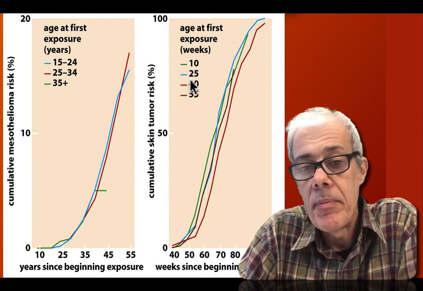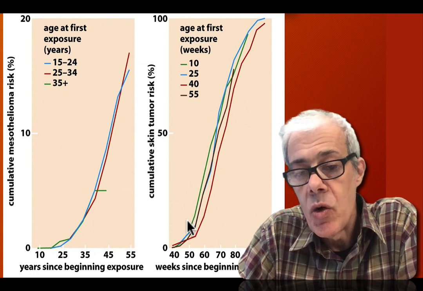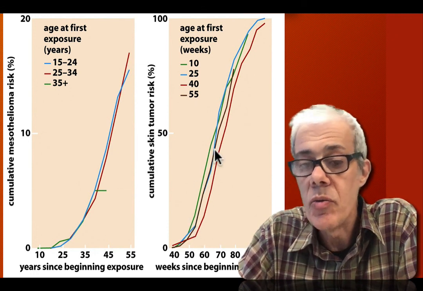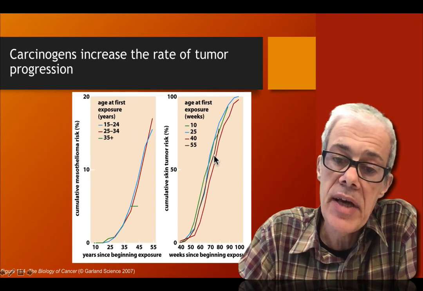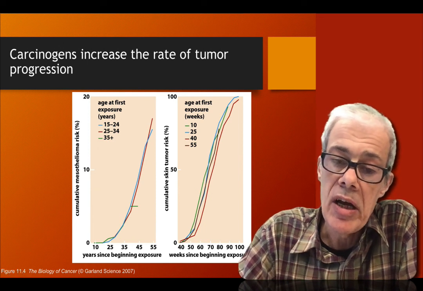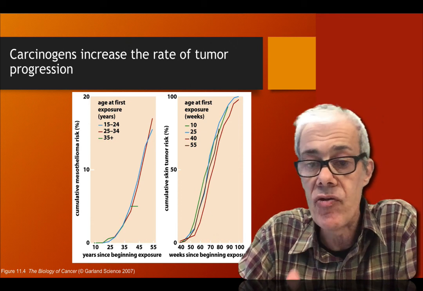So again, this is saying that over time we're getting multiple hits occurring due to multiple exposures to the carcinogen, and this is further evidence of the multi-hit nature of cancer, requiring multiple mutations to occur in a group of cells, giving rise to a cancer.